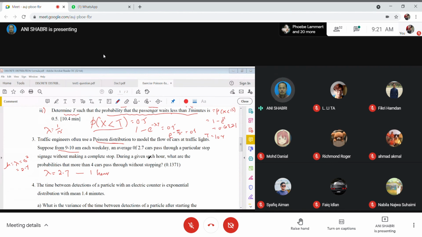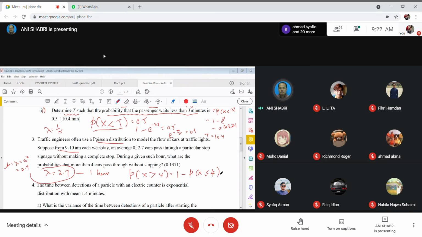Okay, during a given hour, what is the probability that more than 4? This one is straightforward. More than 4. Okay, it is equal 1 minus P(X equal 4) or 3? 4. Okay, this one 4. Okay, you can find the probability from the table. Look lambda is 2.7.